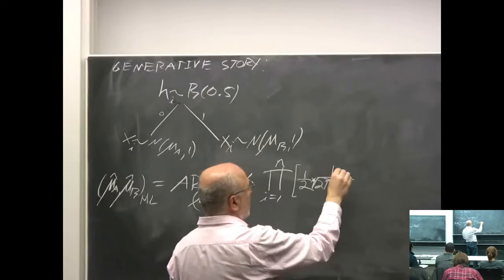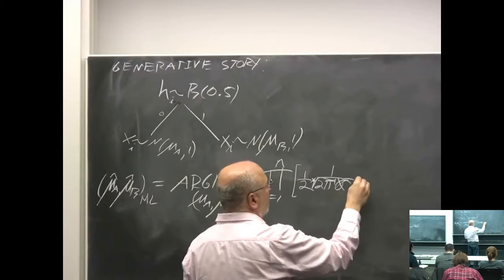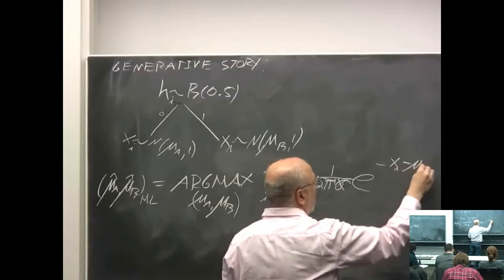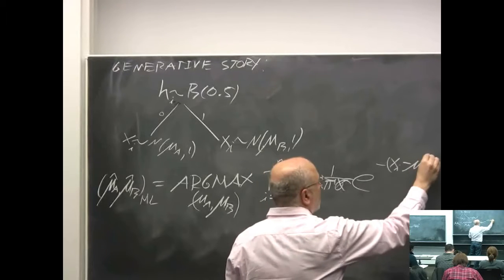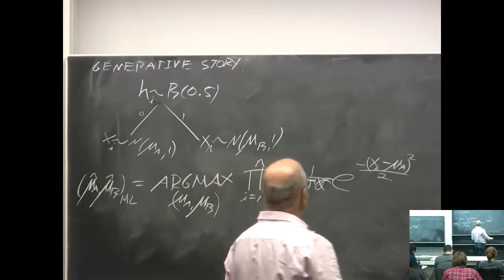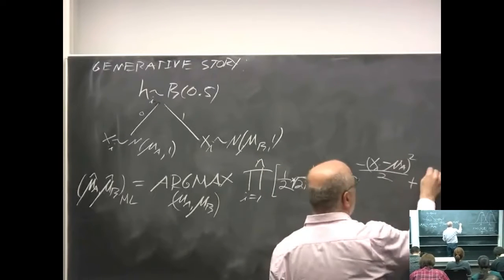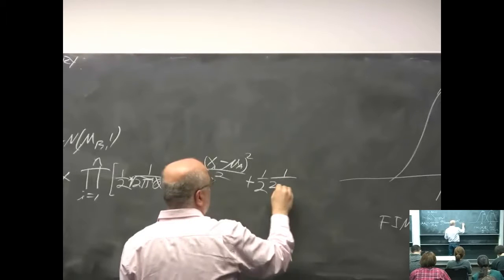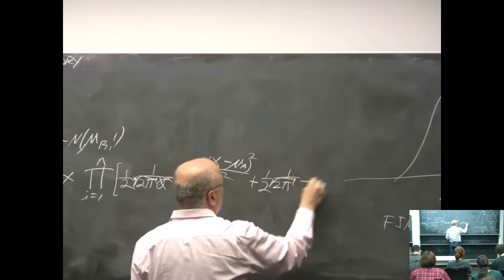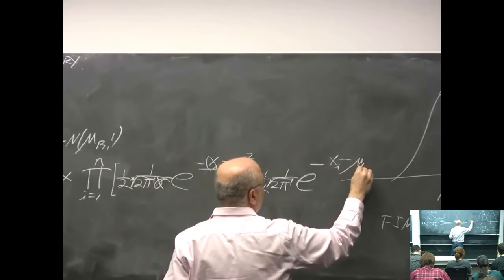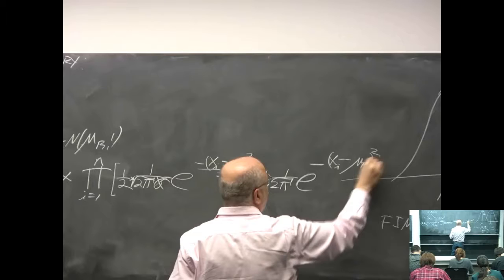Actually, sigma is 1, so I don't need it. e to the negative (xi minus mu A) squared over 2. It's 2 sigma squared, but sigma is 1. Plus 1/2 times 1 over square root of 2 pi e to the negative (xi minus mu B) squared divided by 2.